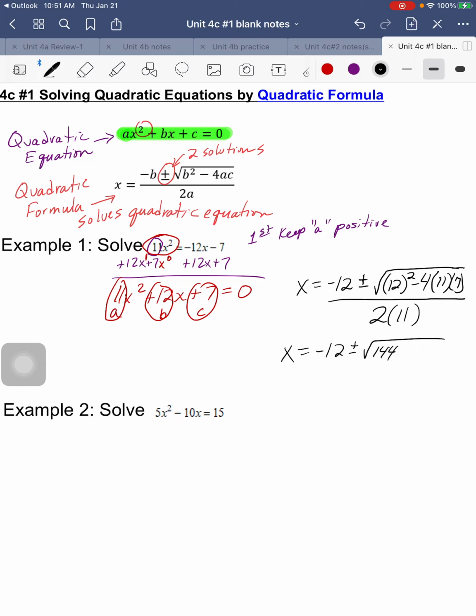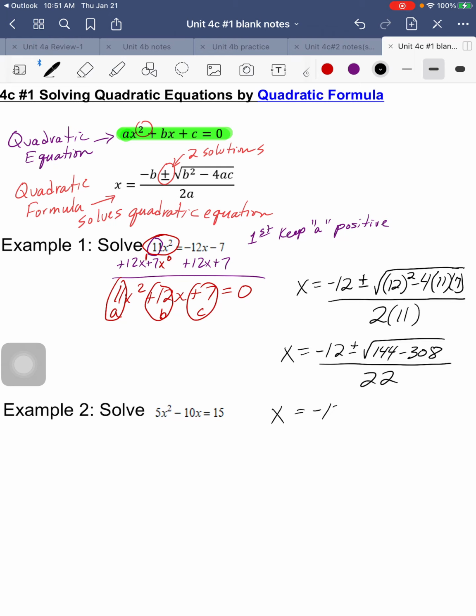I do the negative 4 times 11 times 7. Now I can't do that off the top of my head. It's 44 times 7, which is 308. So that's a negative 308. I do 2 times 11 is 22. So that's all I do on my first step.